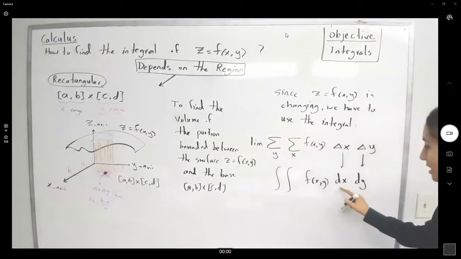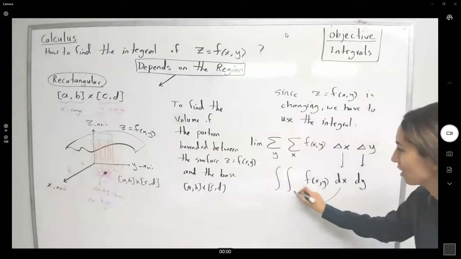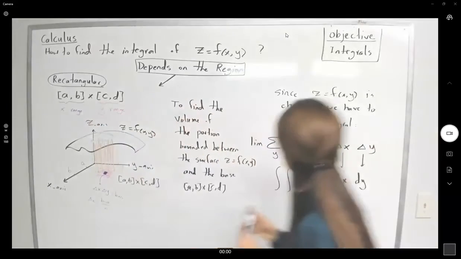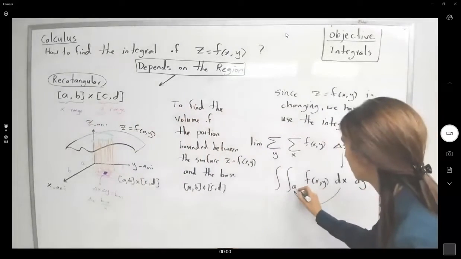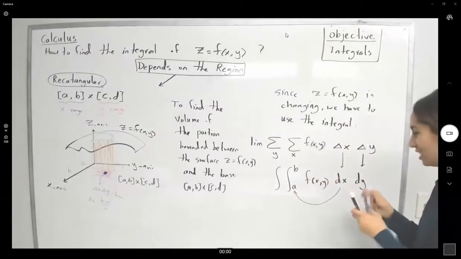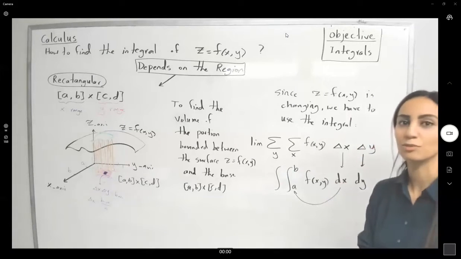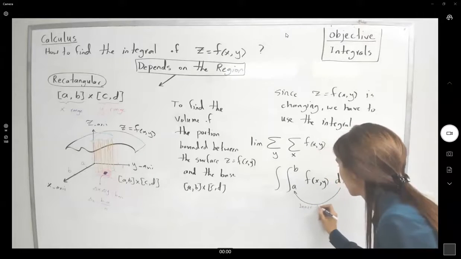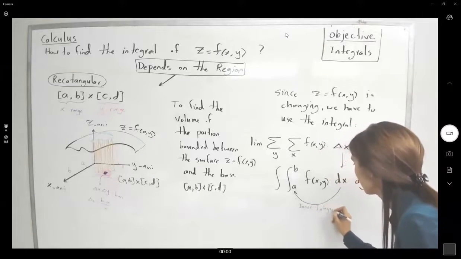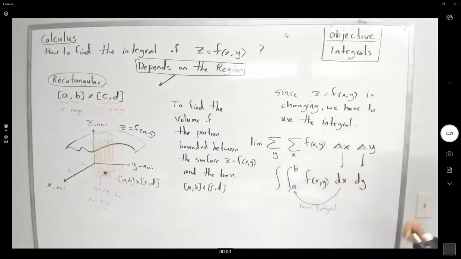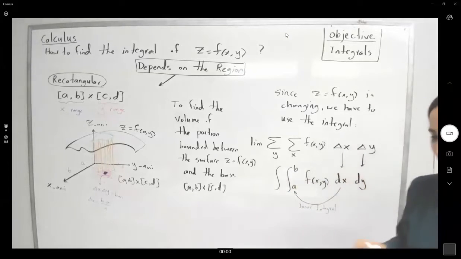Well, delta x is related to x, the change in x values. Well, x is bounded between a and b. So this is your inner integral, which has to be calculated first. Then the outer integral is related to your y.